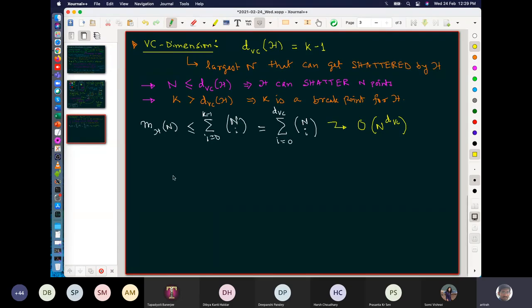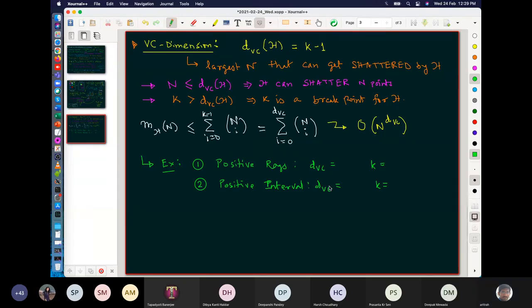And with that, you can easily take certain examples to refresh your thoughts about breakpoints and VC dimensions. And I assure you, this is the last time we are seeing this positive rays and all. So just tell me, in case of positive rays, what is d_VC and what is k? No, why?